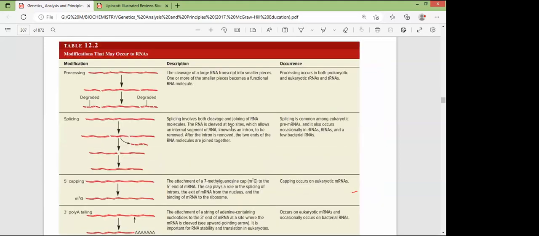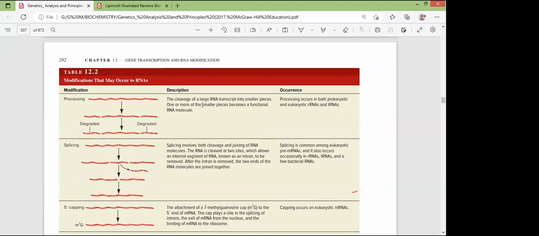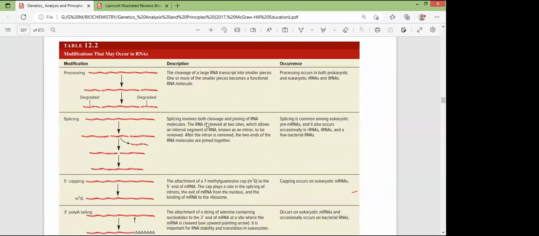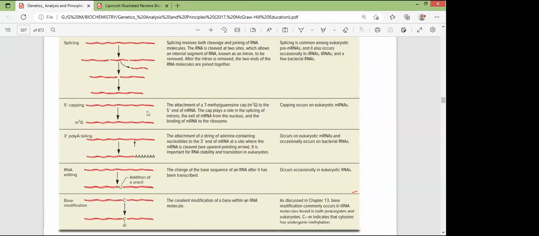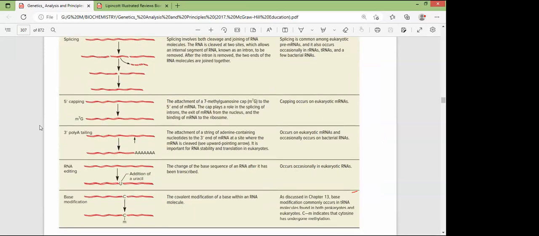This table should be enough. Number 1, if a very large RNA has been made, it can be split into smaller pieces. Then number 2, there are these 2 things that they like asking in board exams: the 5' capping and the poly-A tail.